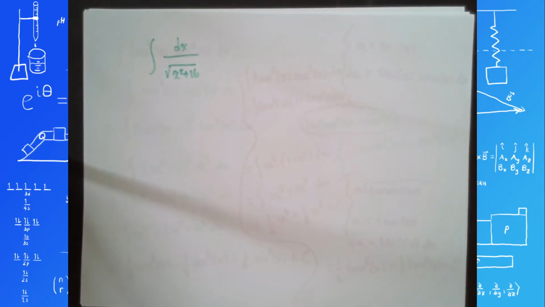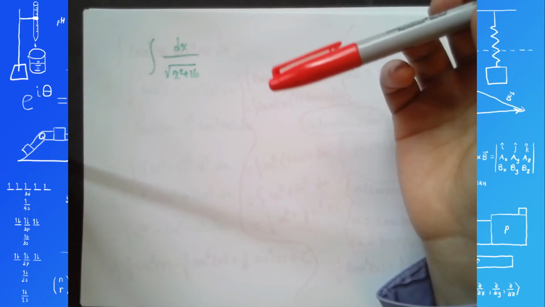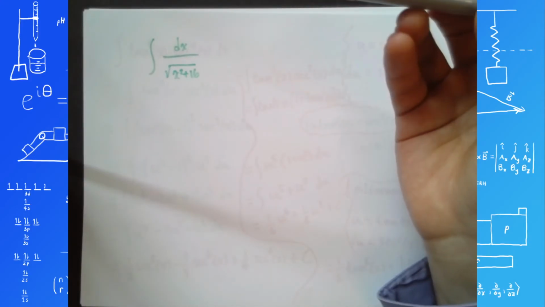All right. So u substitution doesn't work here, because if you do u equals x squared plus 16, then you get du equals 2x dx, and how on earth are you going to get your 2x? I mean, if you multiplied by 2x over 2x, you would just end up complicating things even more, and you would get stuck.